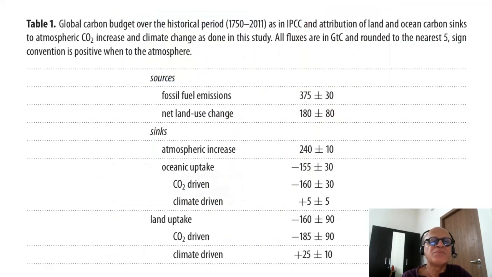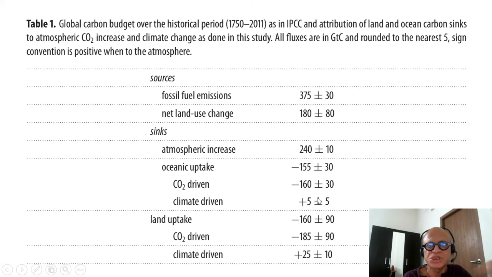Okay, so you can put that together for sources, sinks, and land uptake, again for 1750 to 2011. So emissions and land use change, well constrained here, not so well constrained here. Atmospheric increase is well constrained because we can easily measure it, but oceanic uptake has a significant uncertainty. Out of that, you have CO2 driven uptake and climate driven uptake.